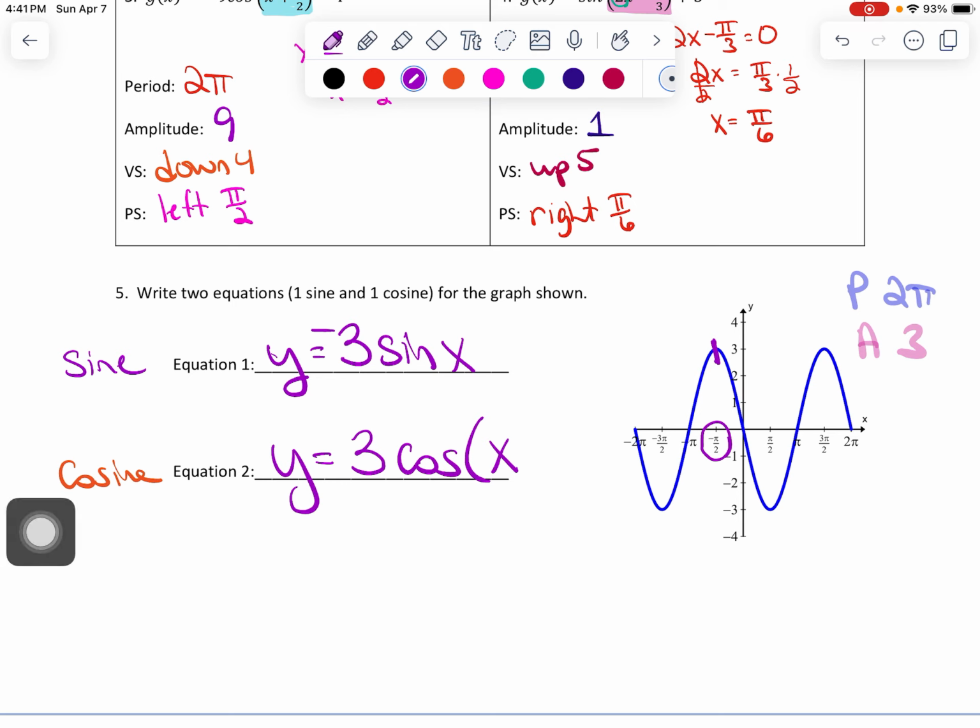Now, if I want to start at -pi over 2, that means in my equation I had to have x plus pi over 2. So period is still 2 pi, so no change to x. Amplitude is 3. I still have the 3 here. Cosine should start off-center positive or off-center high, which is what this is, so there's no reflection needed here.